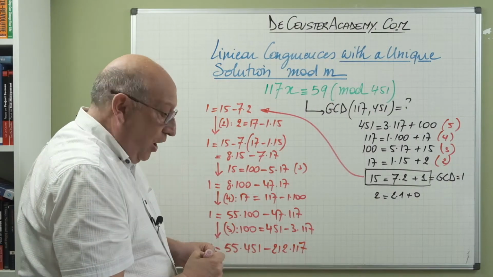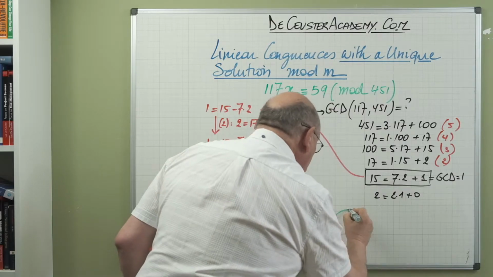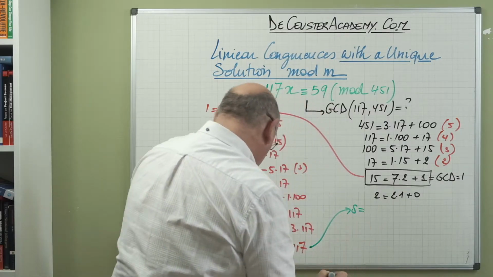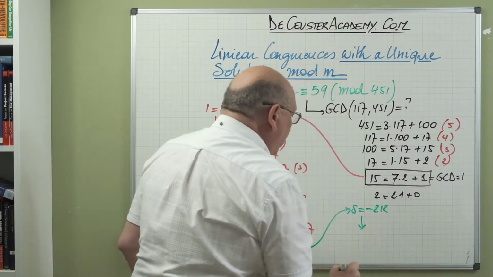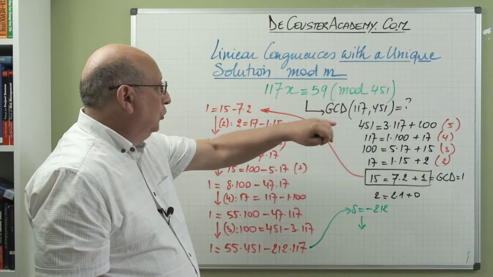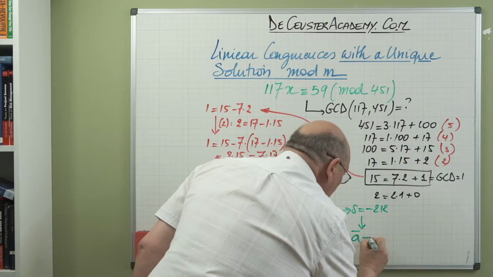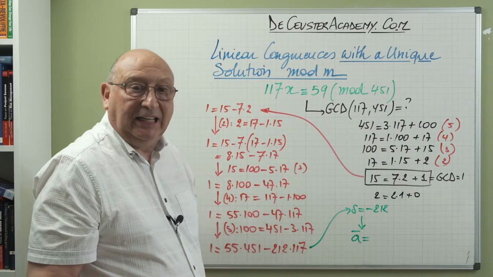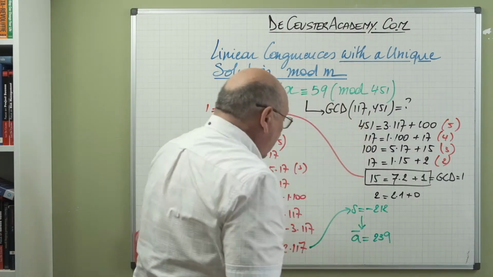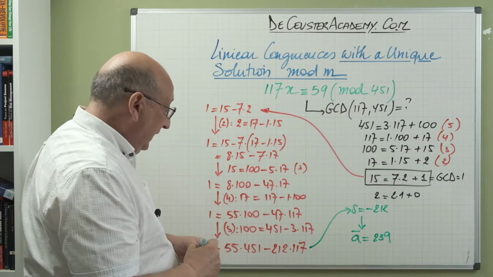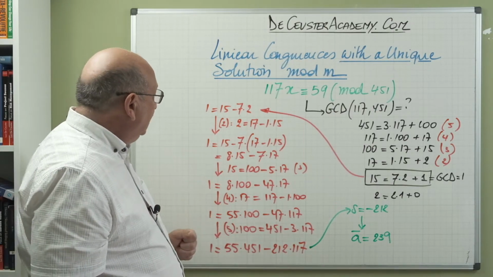Now what we find here is that the coefficient s in the equation is equal to minus 212, but when we use the modulus 451, we can say that the modular inverse is equal to 239. The remaining thing to do is to input this in the equation.